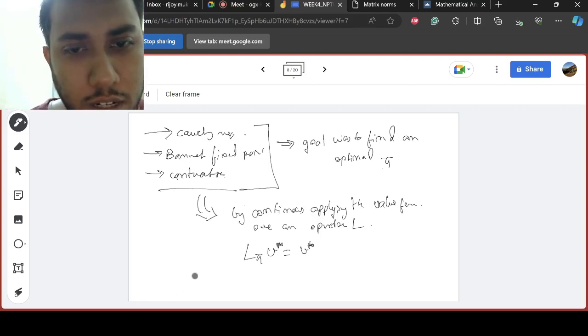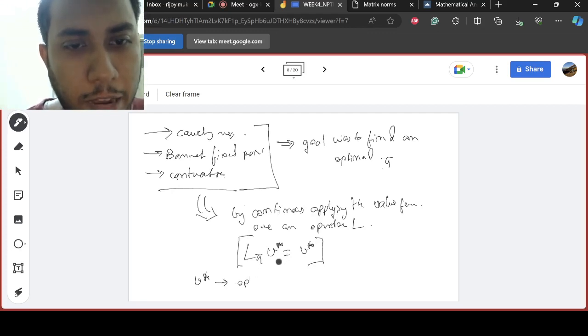Here V star is, so if you repeatedly apply this over this, you will get some kind of an optimal solution. You will get a value v which satisfies this equation.